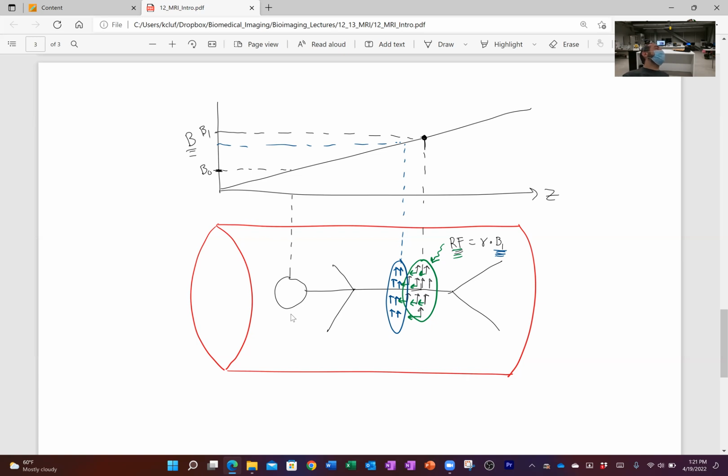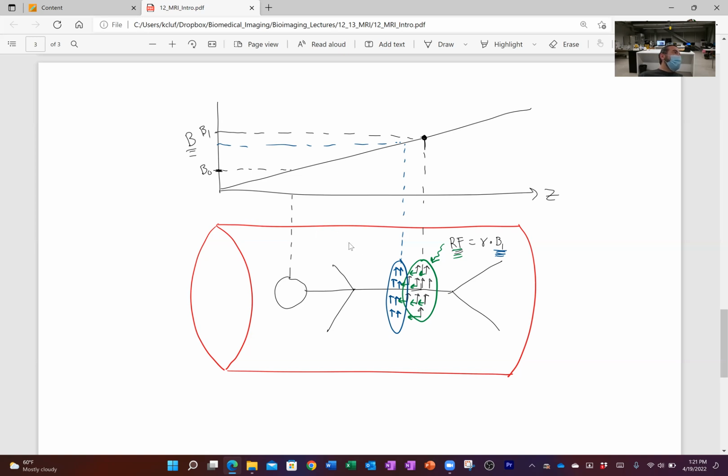And you can use this for slice selection, okay? So again, depending on how this gradient B field is set up along the patient, you can create different slices, okay? And that's because you'll create different frequencies of precession throughout the body, okay?